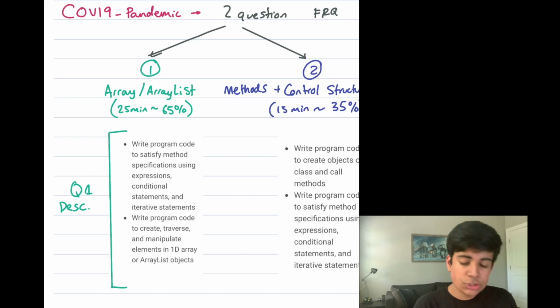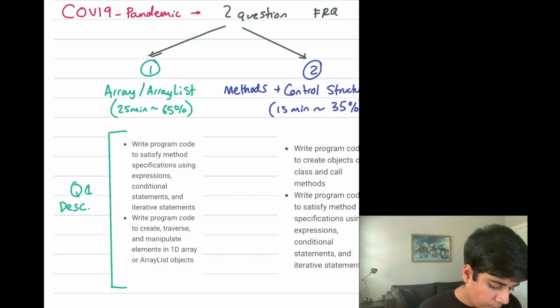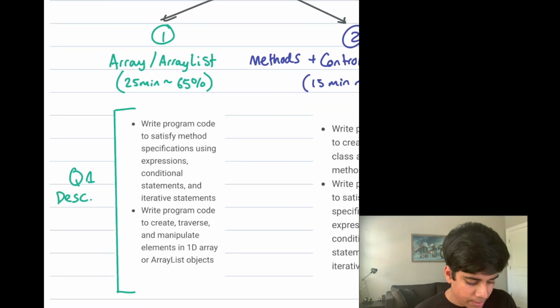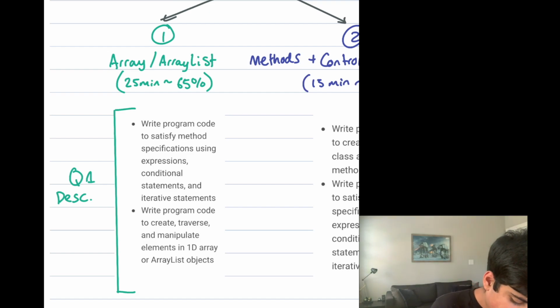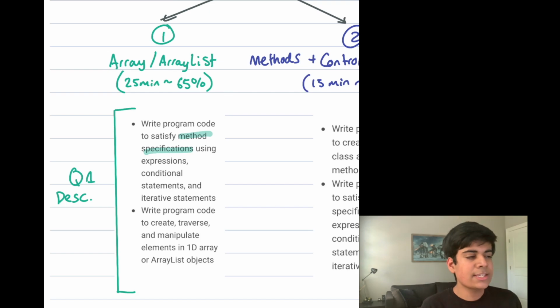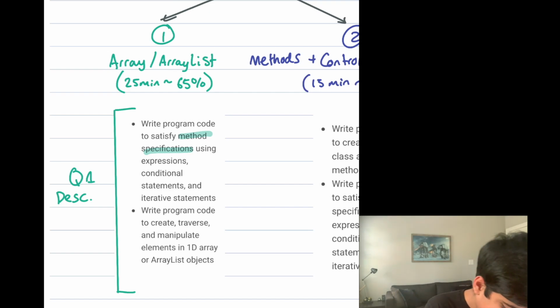And what is actually going to be on this question? Well, it says here that you're going to write a program to satisfy method expectations. When it says satisfy method expectations, that literally just means answer the question, right? Using expressions, conditional statements, and iterative statements.